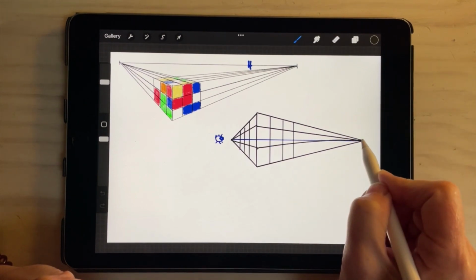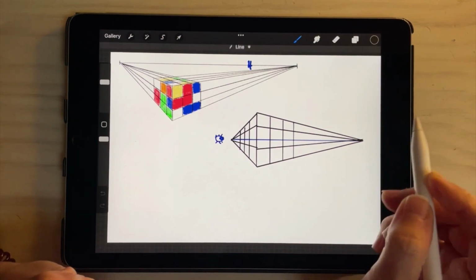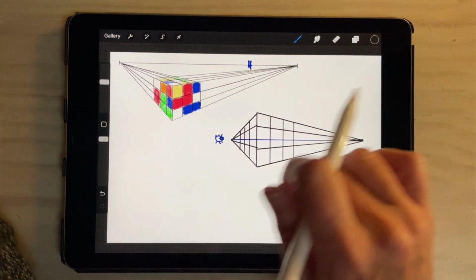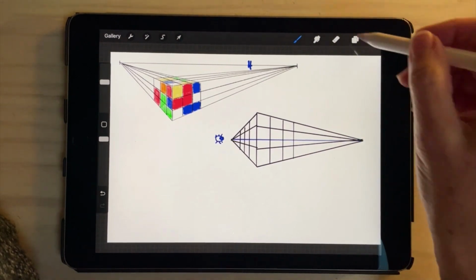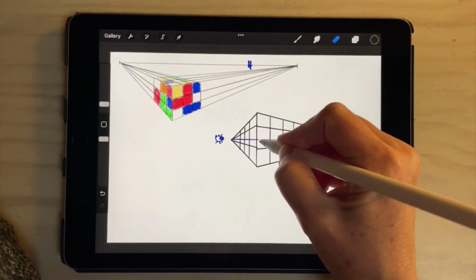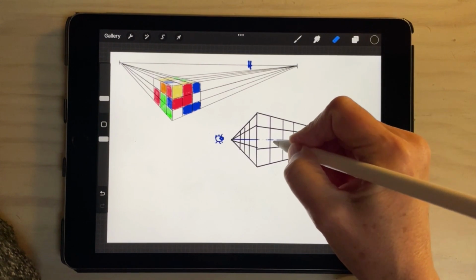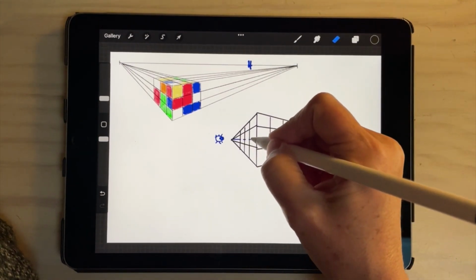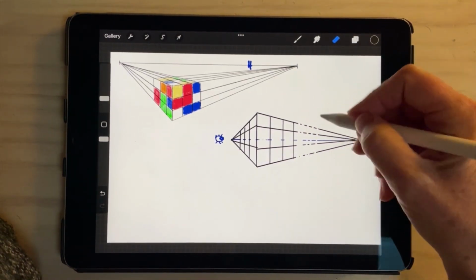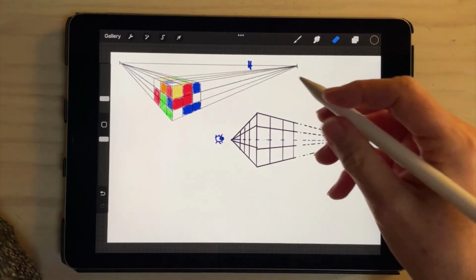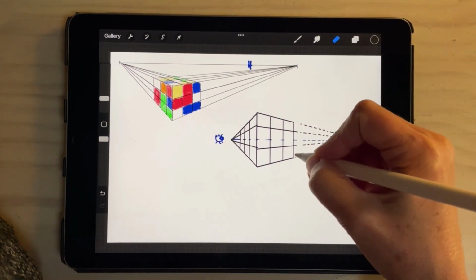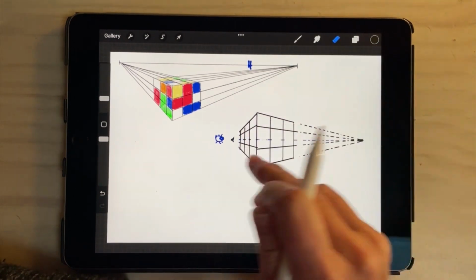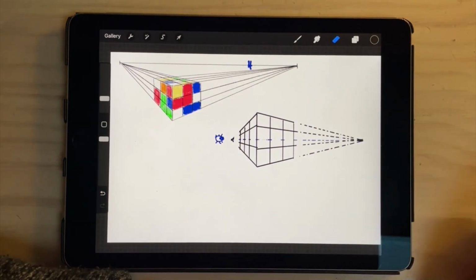Okay, and then that would give us our Rubik's Cube. And if I had been clever, I would have put the blue in a different layer so that we don't have to deal with it here. Okay, so if I just quickly erase that, you can see that this is now a kite's eye view, so as if we are sort of eye level with the middle line of the cube.